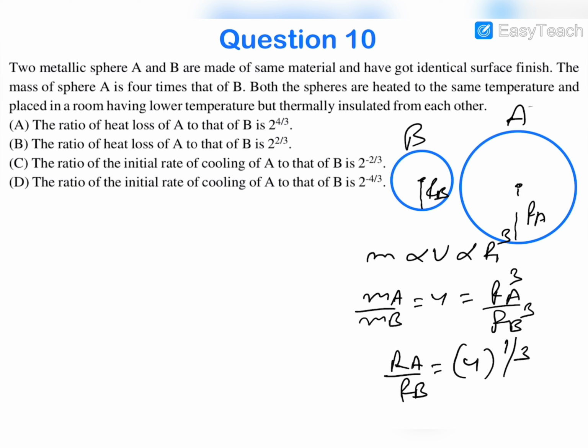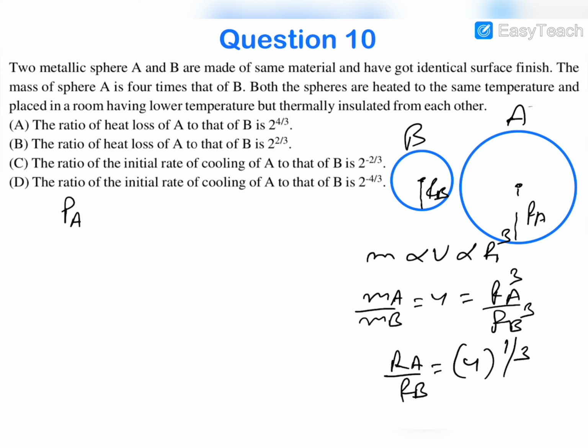Now both spheres have the same material, so E will be the same, and they are heated to the same temperature, so T is the same. Now the ratio of heat loss of A to that of B: first of all, heat loss is the power loss, obviously.